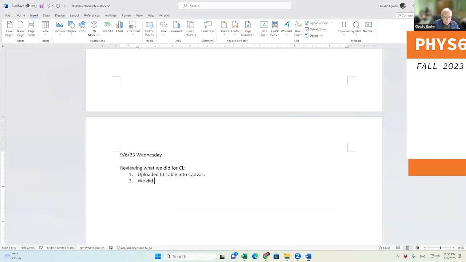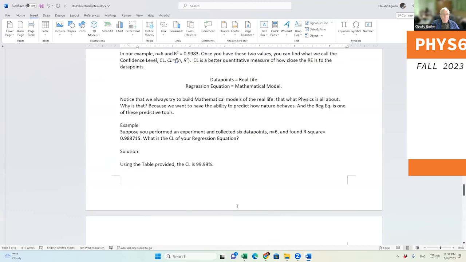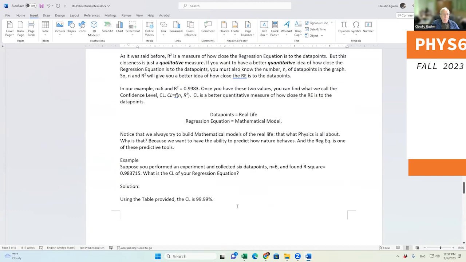Then we did a simple example on how to use the CL table. Going back here. I got this CL table.